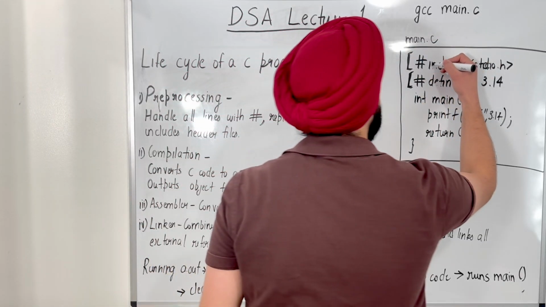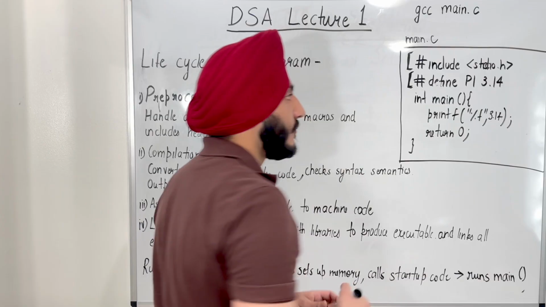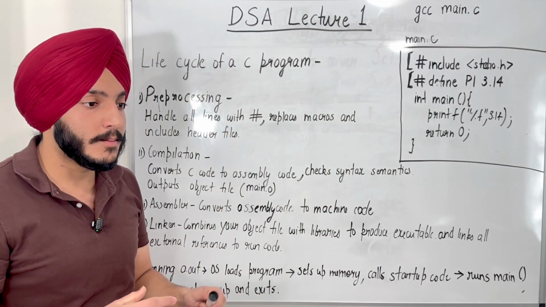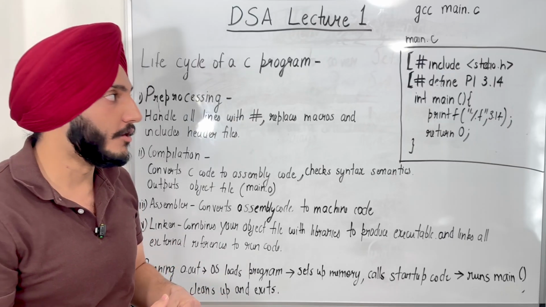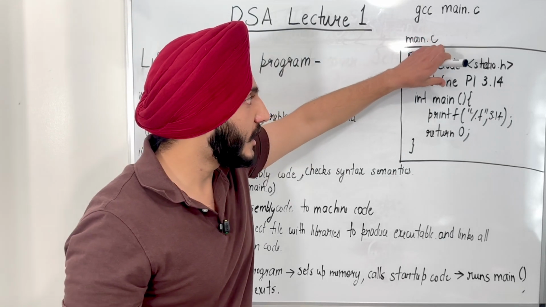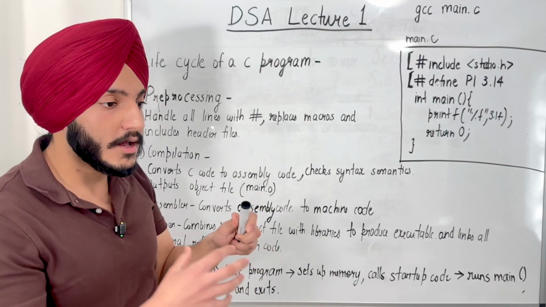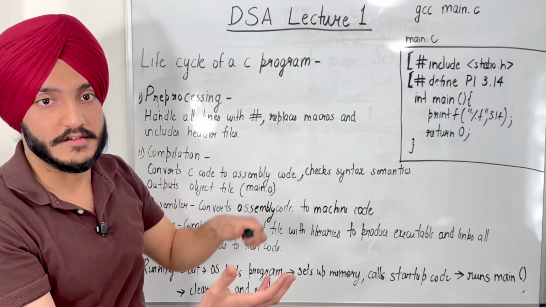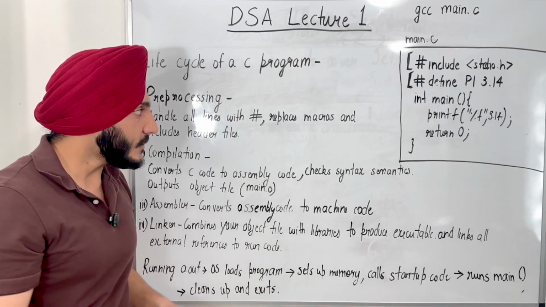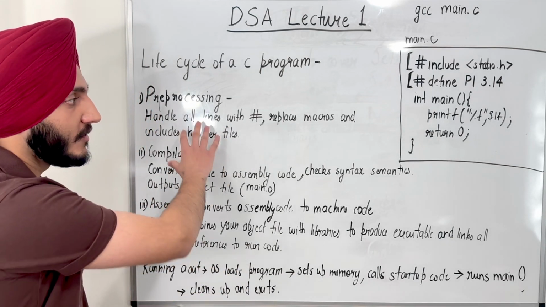A header file is kind of like the file that contains the definitions of what functions we are using in the code, right? So it's going to include it inside this as well. Basically, it's going to combine the two codes together and create one single file in a sense, right?